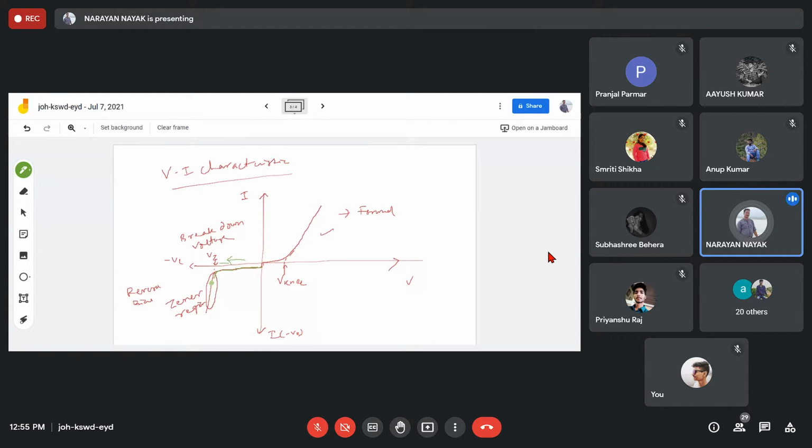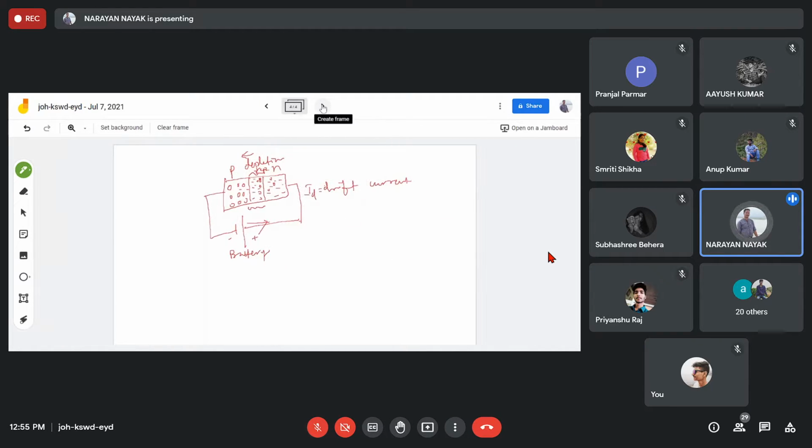See the current direction, it is going towards infinity. So when the diode reaches the breakdown voltage, this is the breakdown region, and the diode current increases rapidly. Why does the diode current increase rapidly? Because the PN junction is broken down.